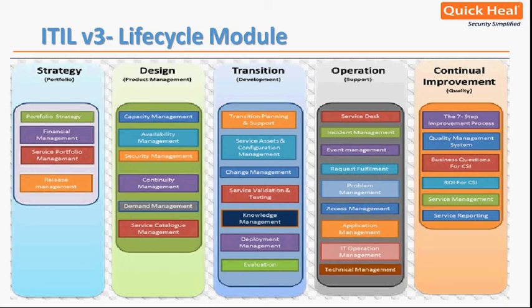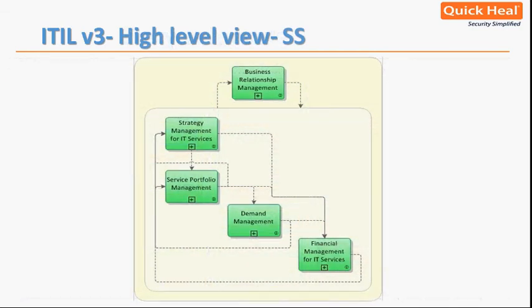So what we're going to do is that we'll take a high-level view of all the sub-processes, that is service strategy, service design, service transition. Also, we would be taking a high-level view of service operation and CSI. So to begin with, we are covering service strategy.